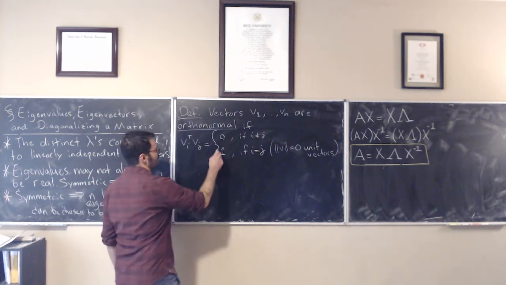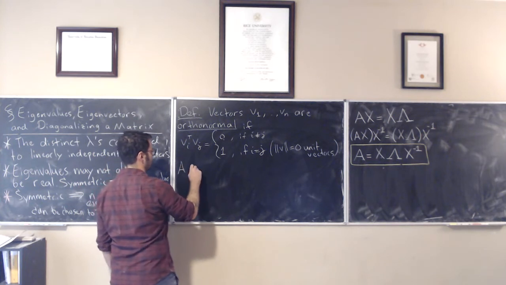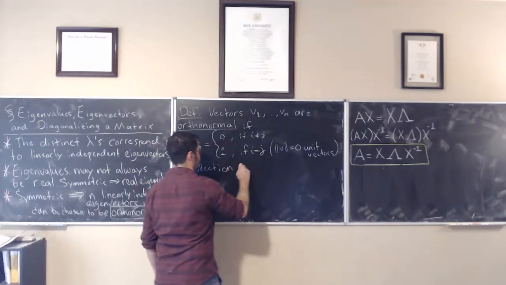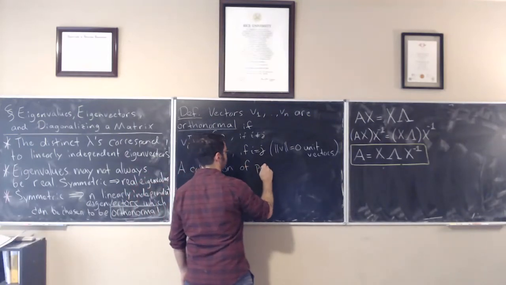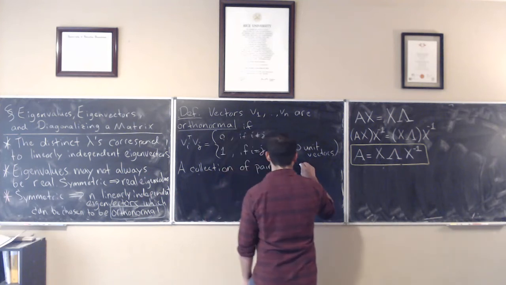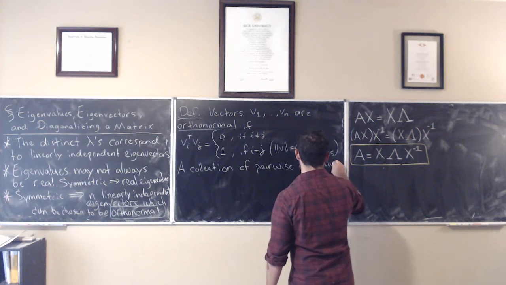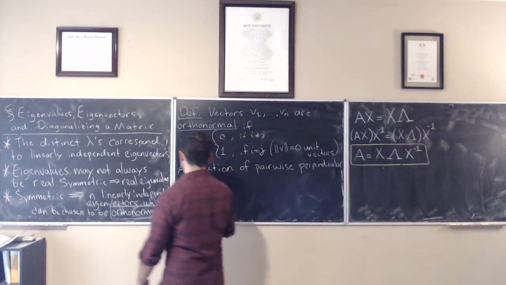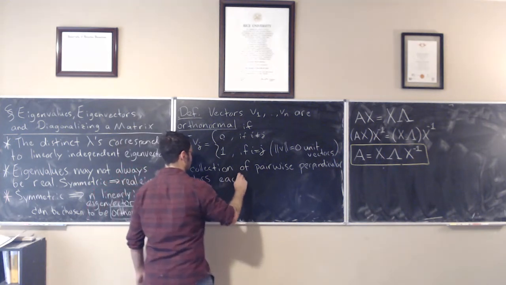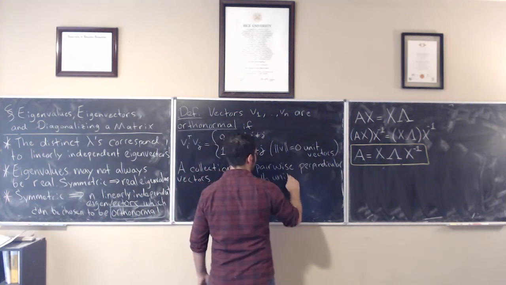In layman's terms, this is a collection of pairwise perpendicular vectors, each with unit length.